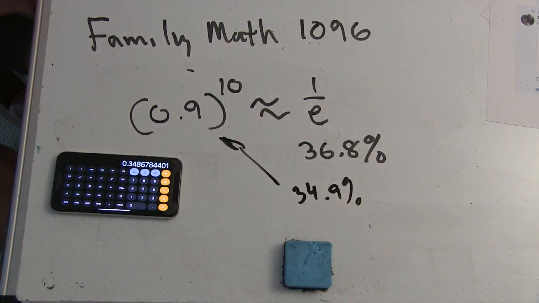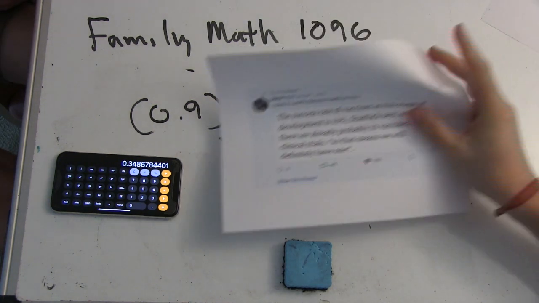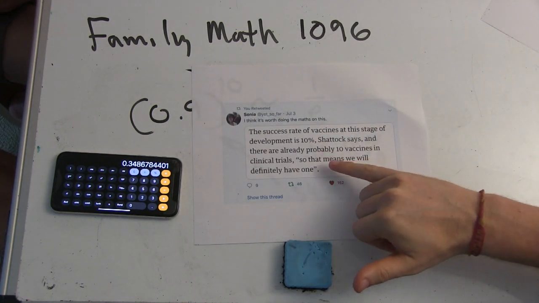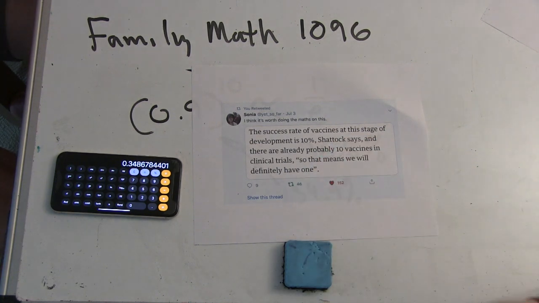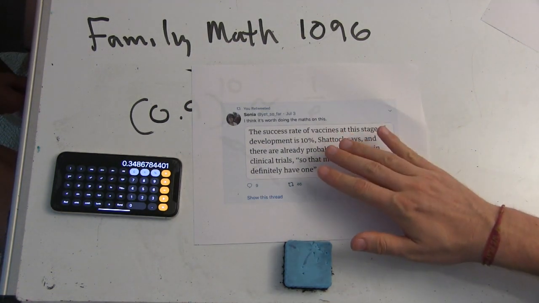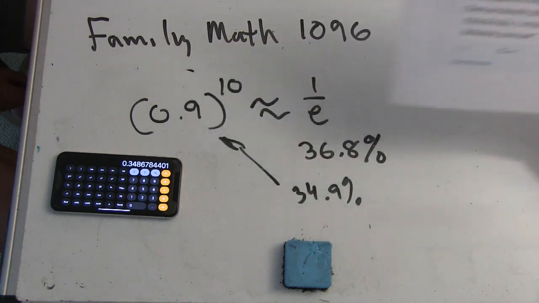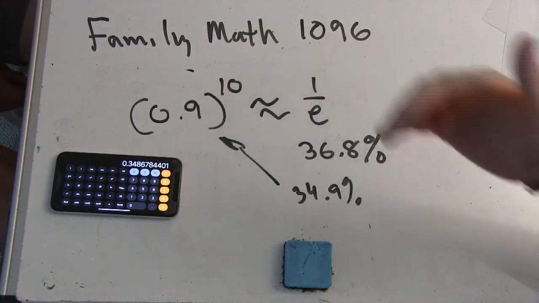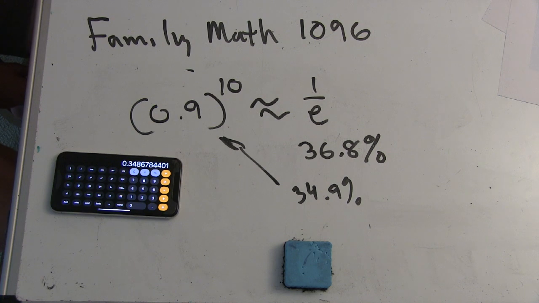And I should say that the math we're doing is making a couple of very critical simplifying assumptions: that all the vaccines are independent, that their chance of success looks like the chance in the past, and all that kind of stuff. But I want to take this problem as an example of this fact with e.